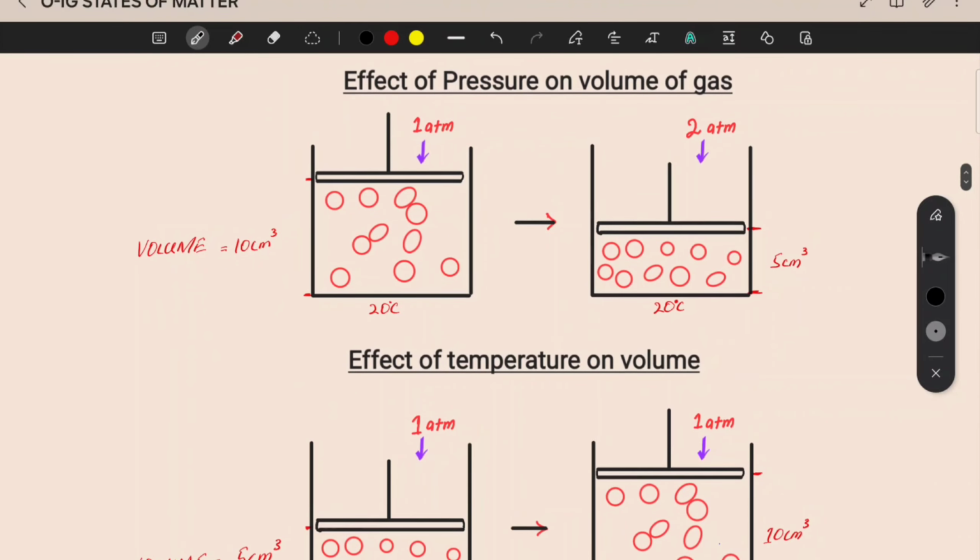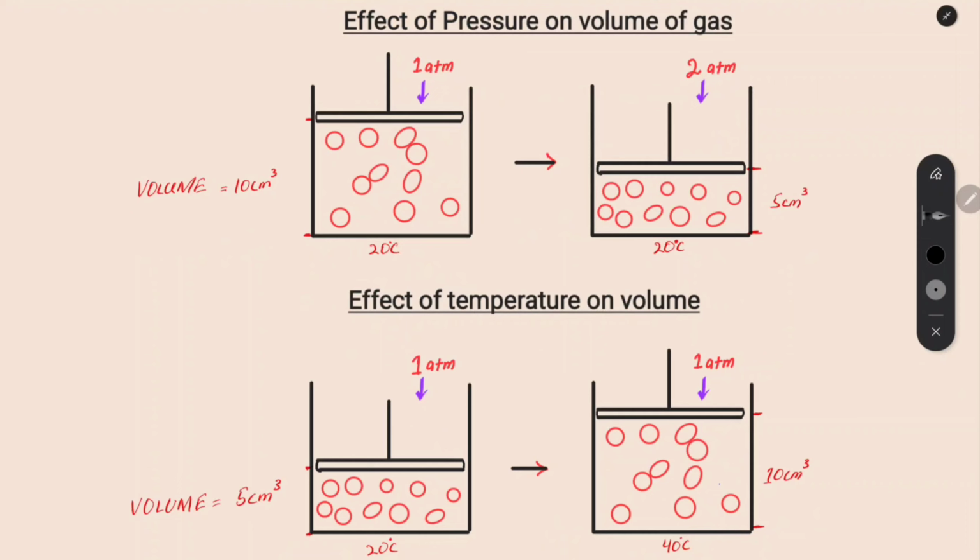Now what is the effect of pressure on the volume of a gas? We know that gases have large spaces between their particles, as you can see. So if you apply pressure on a gas, as there are larger spaces, molecules can move closer to each other.